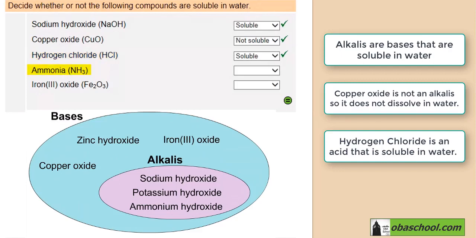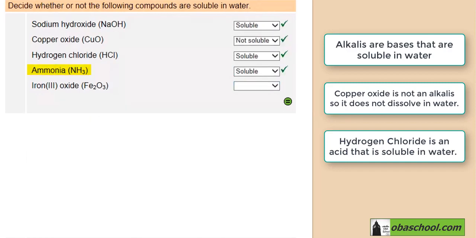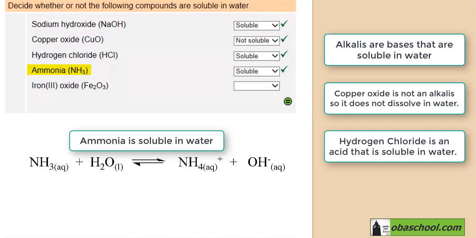Is it soluble in water or not? In fact, ammonia is soluble in water because it's able to form hydrogen bonds and this makes it highly miscible with water.